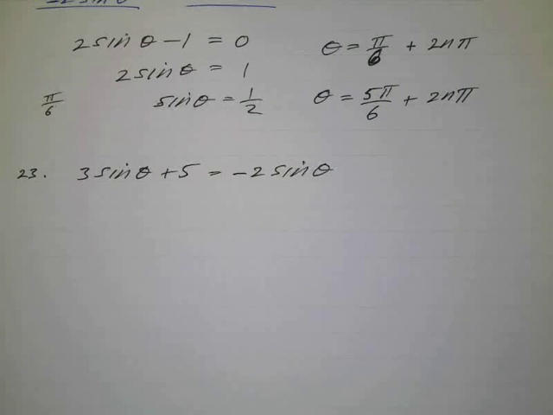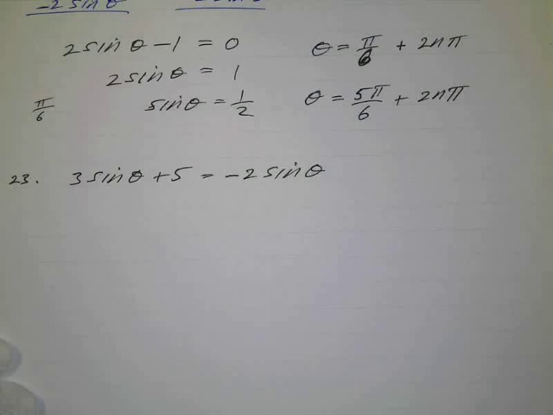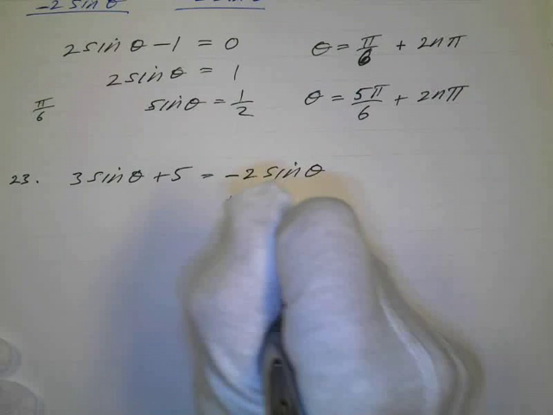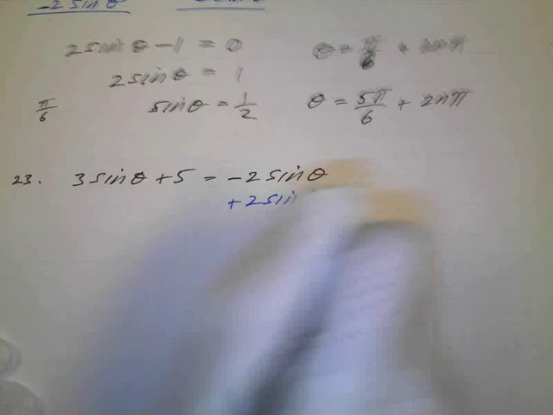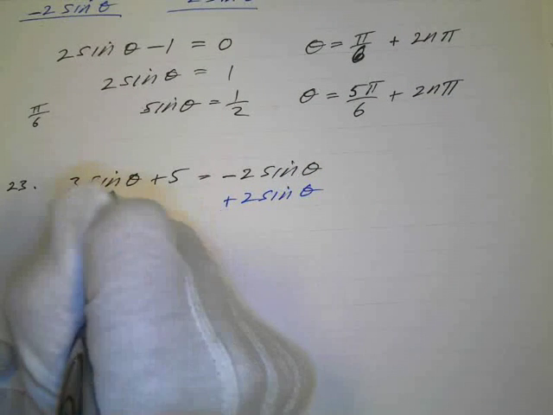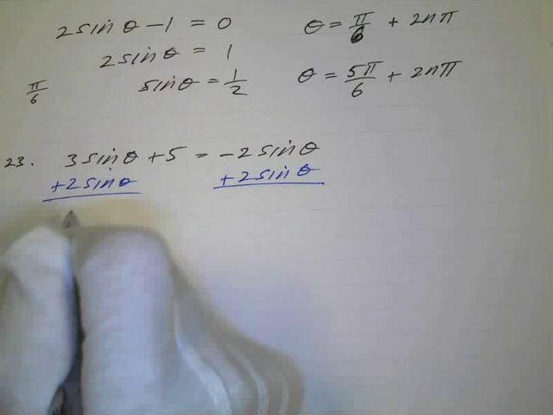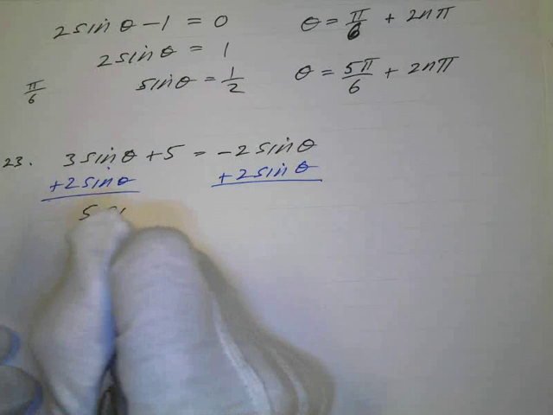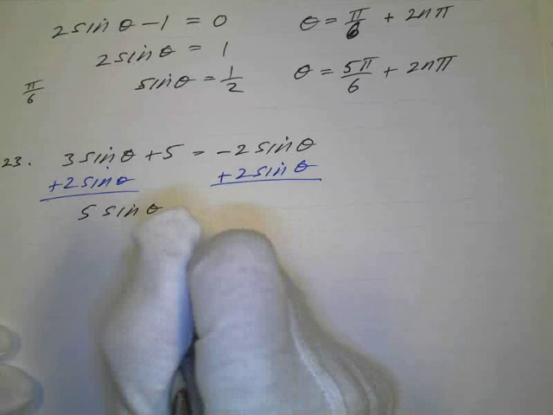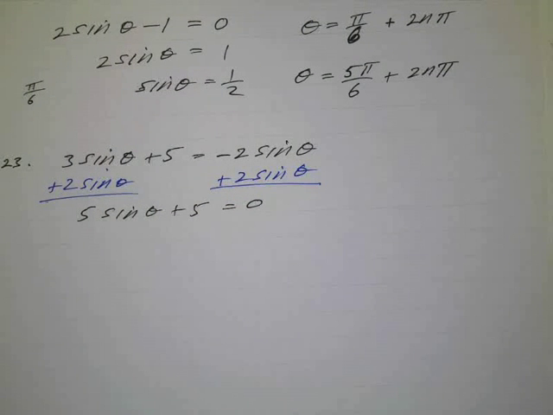First of all, I'll try to get all my thetas on the same side, so I'll just add 2 sine theta to both sides. And 3 plus 2 is 5, so I've got 5 sine of theta plus 5 equals 0.